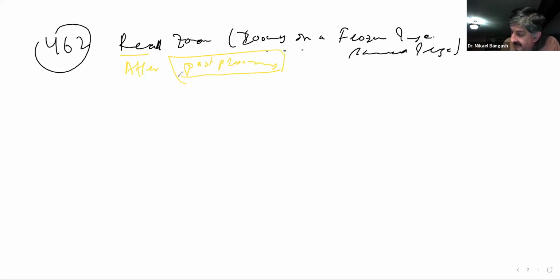Now the number of pixels are the same in the original region of interest and in the zoomed image. Clear?